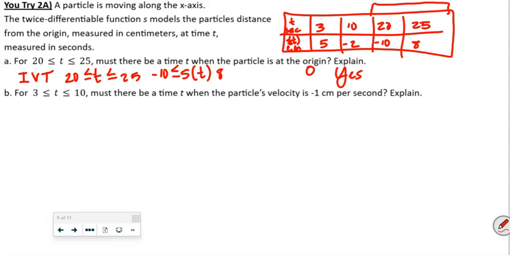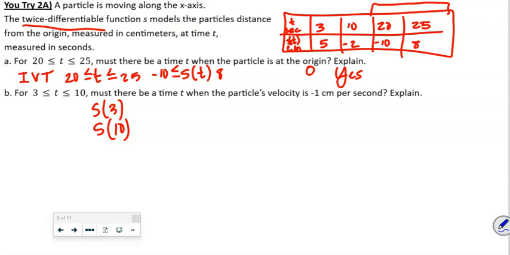Between 3 and 10, remember we're going to do S of 3 and S of 10. Oh, and by the way, because that's twice differentiable, it says the particle is moving along the x-axis. The twice differentiable function S models the particle's distance from the origin measured in centimeters in time t, measured in seconds.